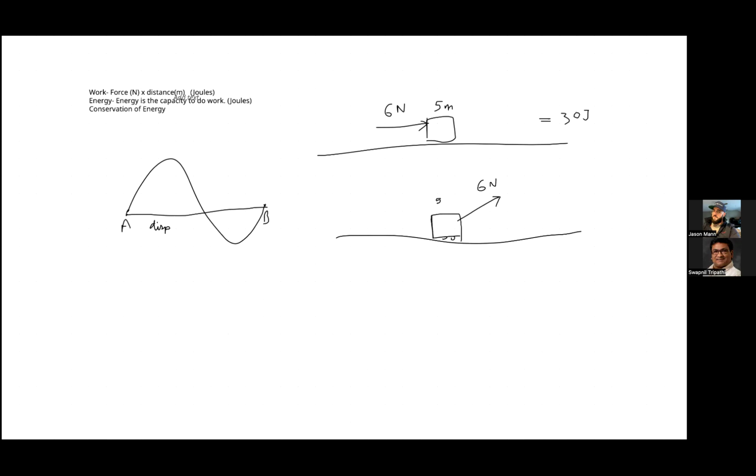But this is not exactly in the same direction as the displacement. So let's say this is 30 degrees. Actually, let's make it 60 degrees.